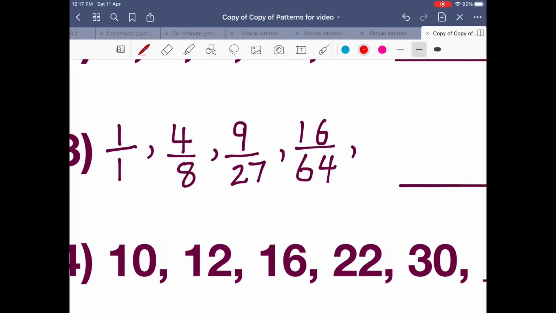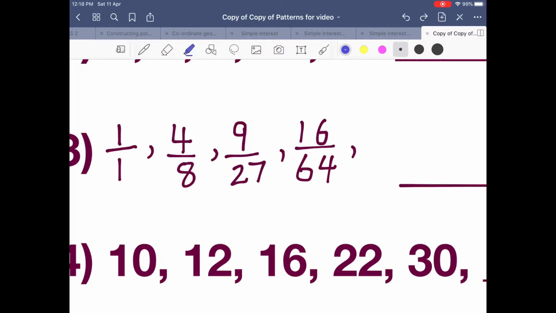Next, we have 1 over 1, 4 over 8, 9 over 27, and 16 over 64. So it's 2 patterns happening, one for the numerator and one for the denominator. We can see that we have 1, which is 1 squared, 4, which is 2 squared, 9, which is 3 squared, and 16, which is 4 squared.